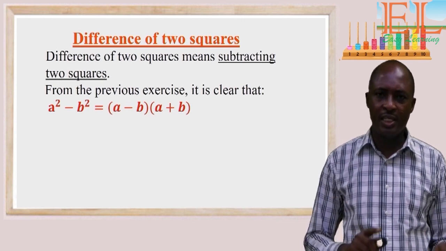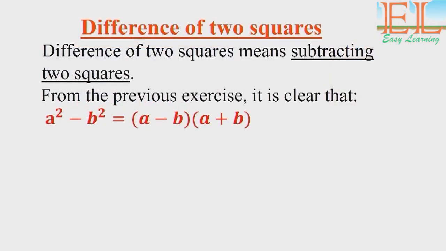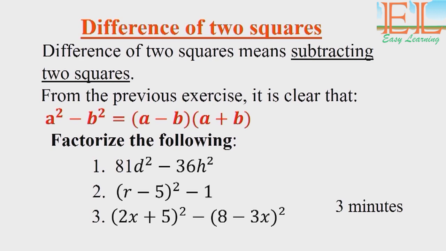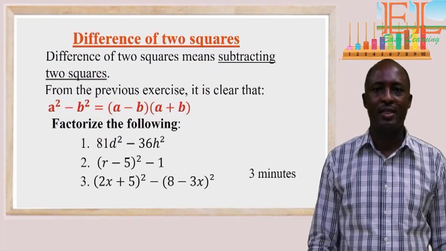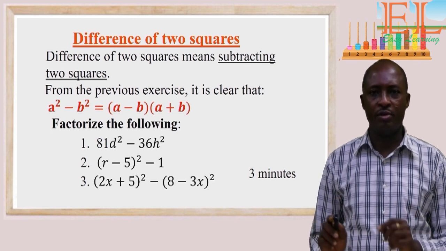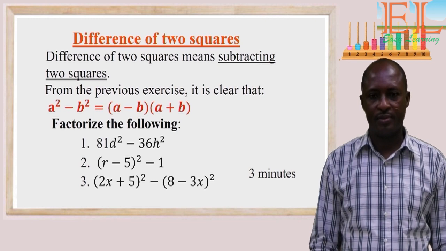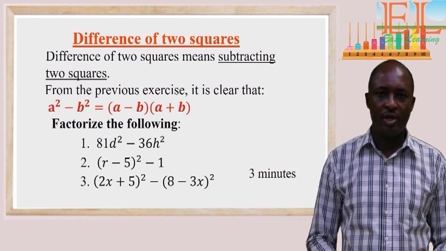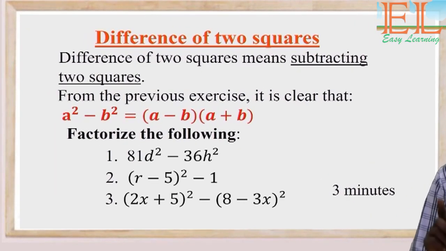To help us consolidate this learning, we are now going to look at some examples and see how we can apply this knowledge. Let's take some examples. Factorize the following. 1. 81d squared minus 36h squared. 2. r minus 5 all squared minus 1.